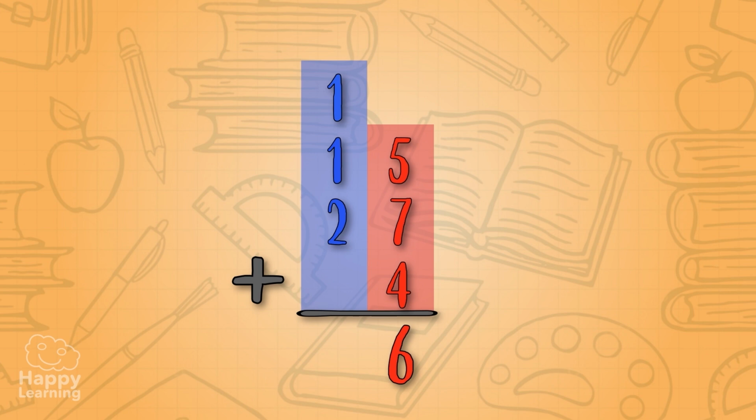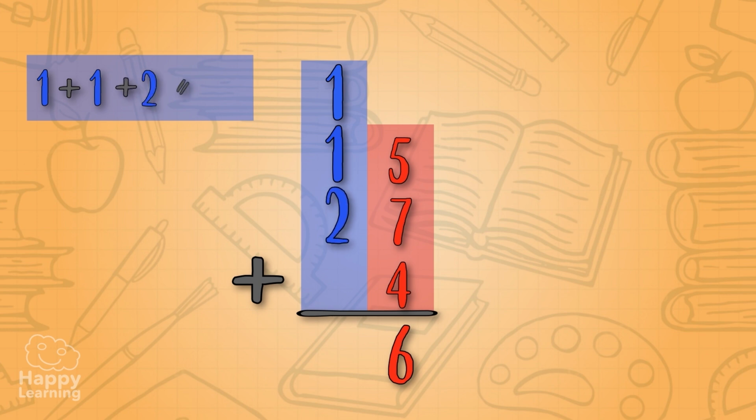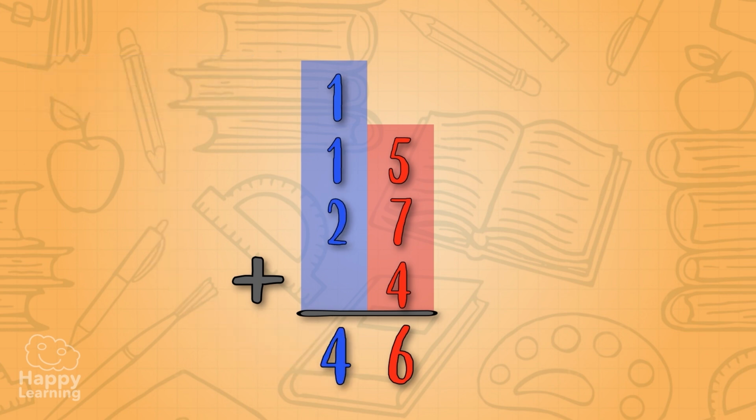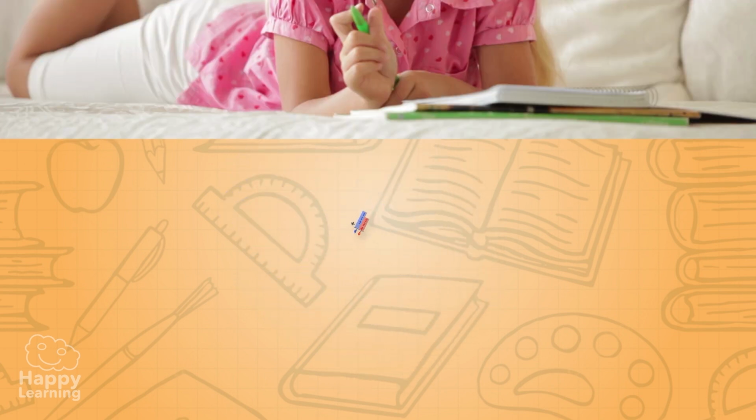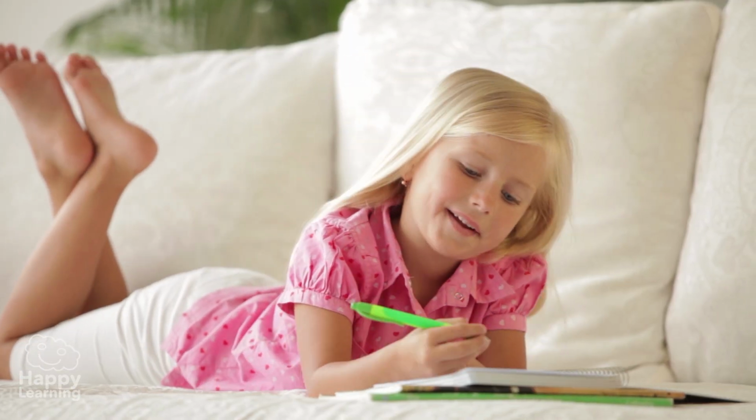Now we can add up all tens. 1 plus 1 is 2, plus 2 is 4. And we put number 4 in the result, under tens. So the addition's final result is 46. Easy peasy, huh? Now we've learned to add with remainders. Now you need to practice lots.